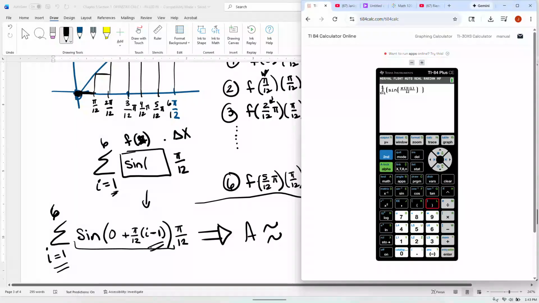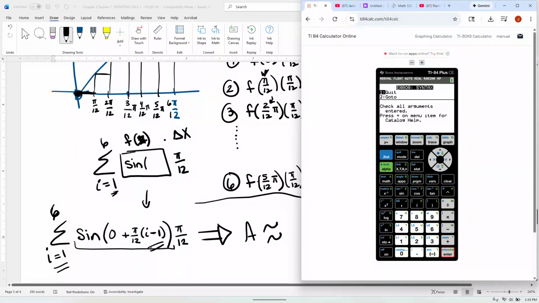And then after it is pi over 12. And actually, since pi over 12 is a constant, I don't even need it in the sigma. If you factored it out, it could be in front of it.